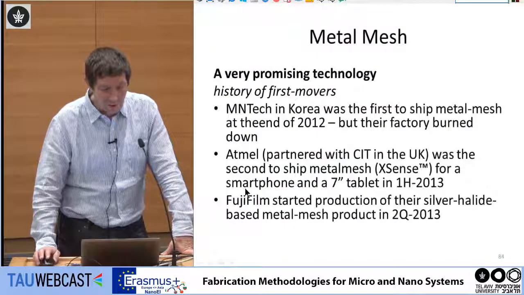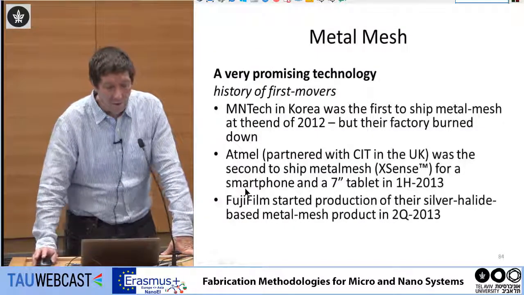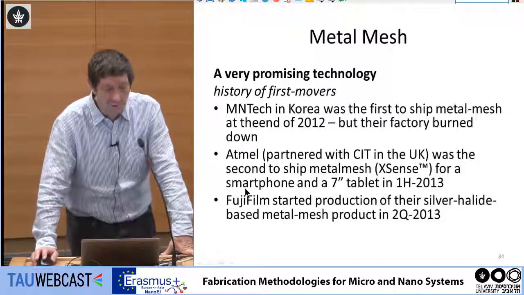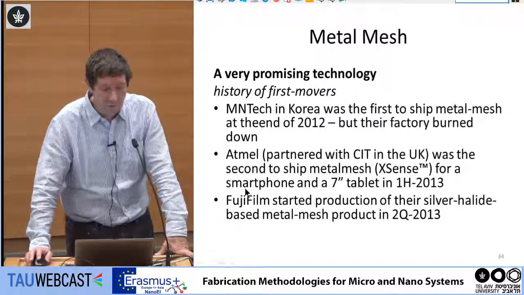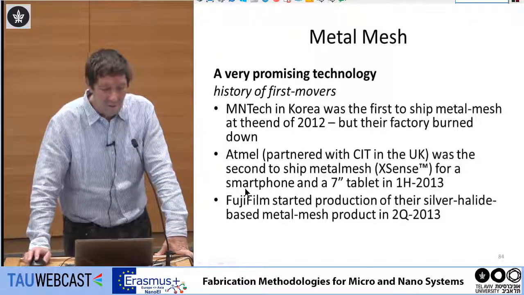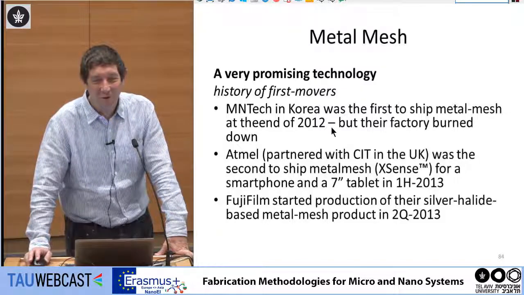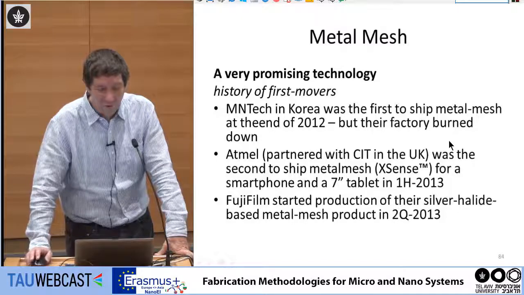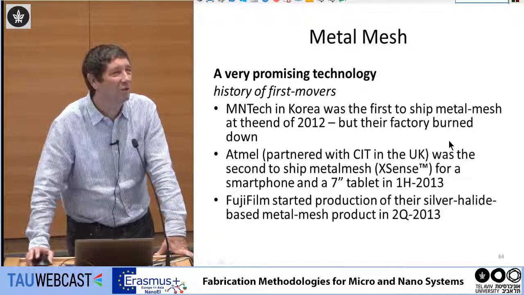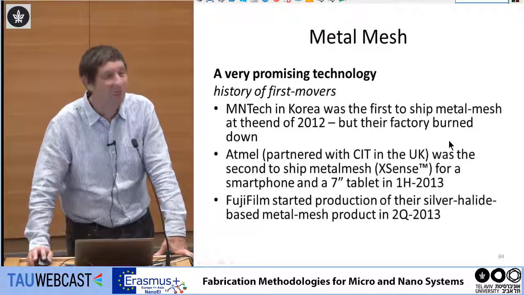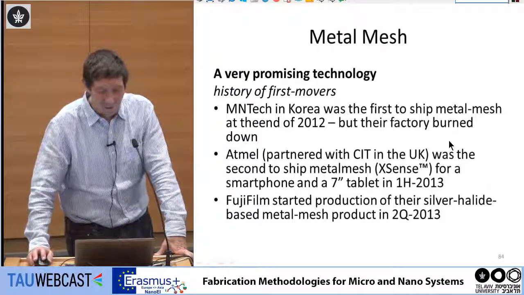So I showed you the metal mesh, which was first introduced in 2012. By the way, it didn't go to the market because the factory was burned down, so the company was closed. So it was a good product, but nobody used it.